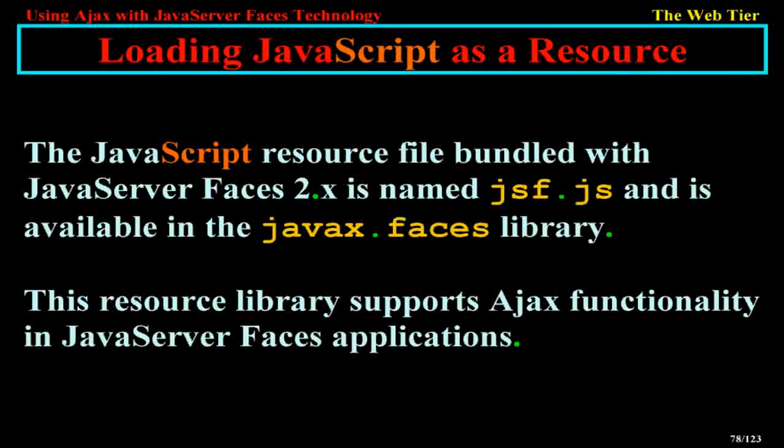Loading JavaScript as a resource. The JavaScript resource file bundled with JavaServer Faces 2.x is named jsf.js and is available in the javax.faces library. This resource library supports Ajax functionality in JavaServer Faces applications.